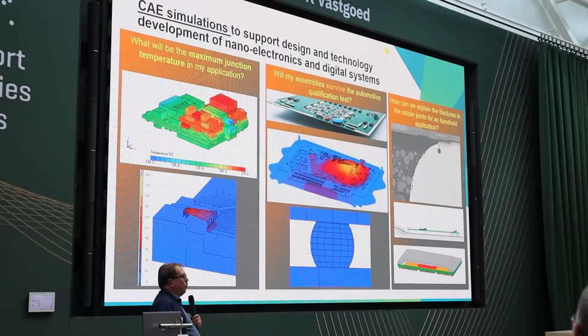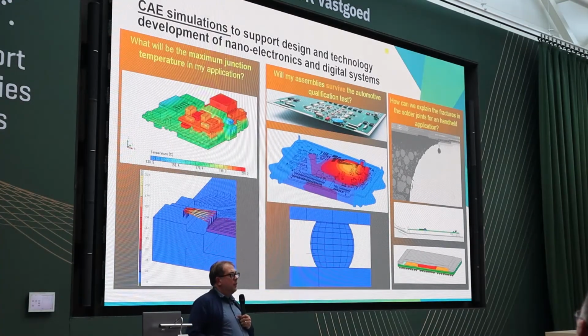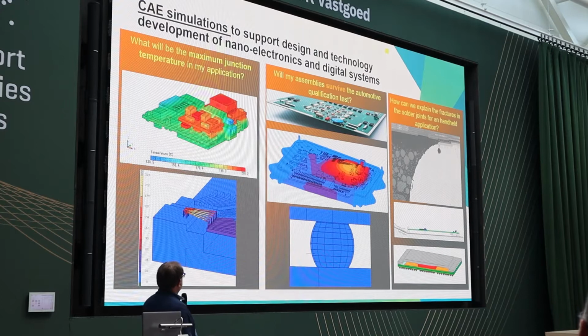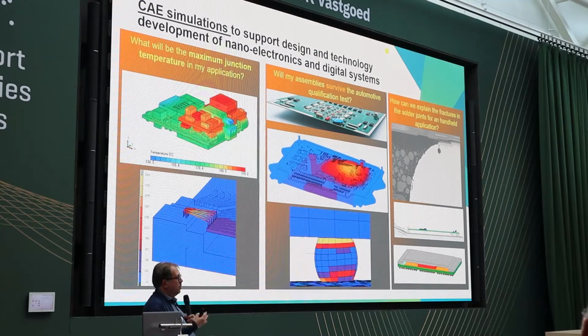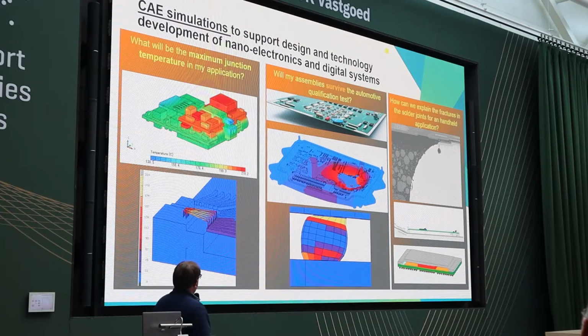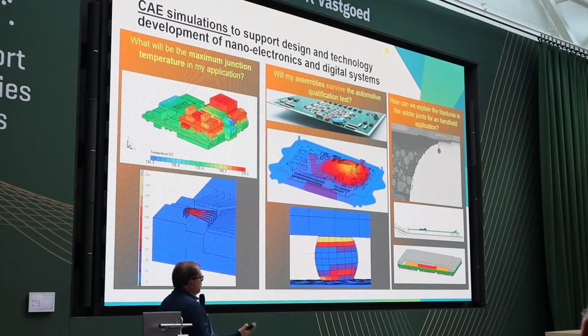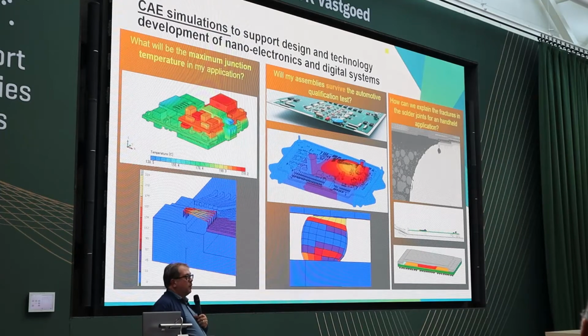So why do we use CAE simulations? It's basically to support the design of a piece of electronics. The objective is to answer typical questions.